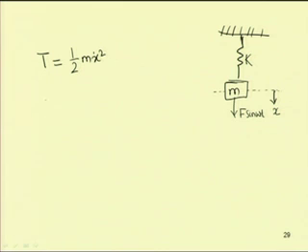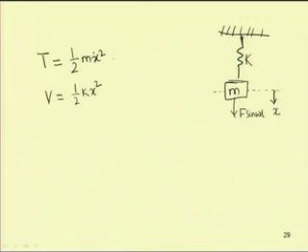Then the potential energy of the system, V, as we are writing about the equilibrium position, will be due to the motion of the spring only. So it will be equal to half k x square.